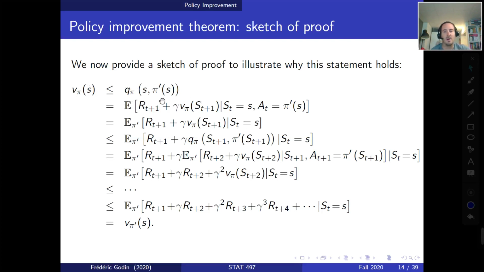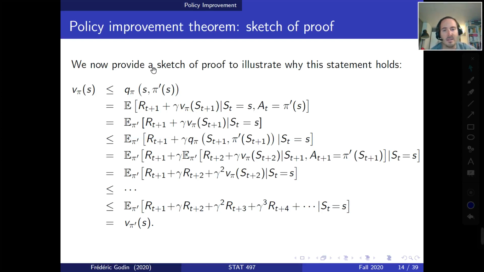And then let's recall what is q pi of S, pi prime of S. We've shown previously that q pi of S, pi prime of S is the expected reward at the next time step plus the discounted value function in the successive state. Here, that value function is v pi because when we consider q pi, all subsequent actions are selected based on policy pi.